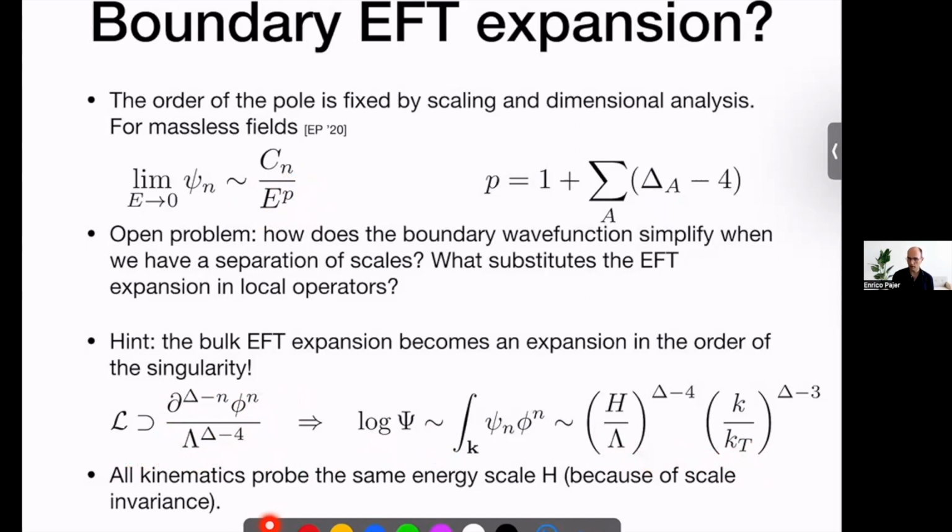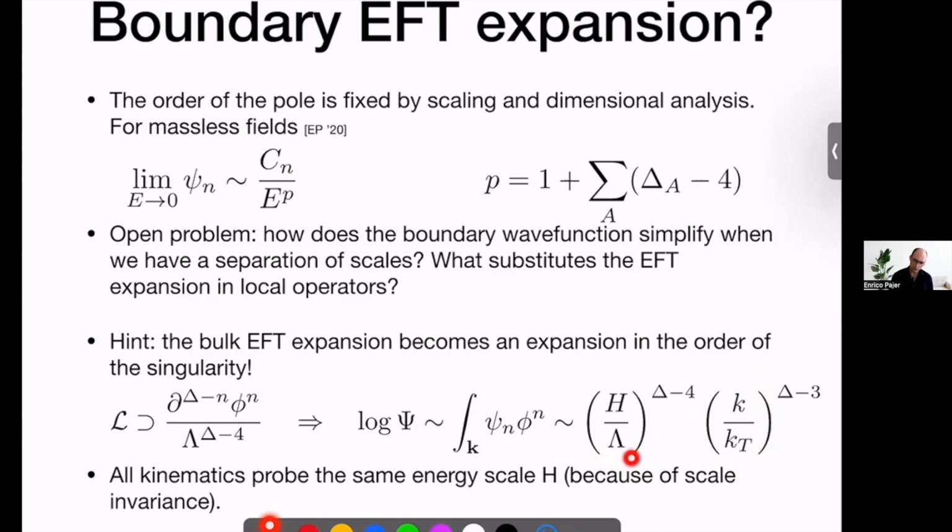It's dimensionless, so we can really look at it. It has a term that depends on the coupling constant, and as you would expect, the power is Delta minus 4 in this simplest case of using the interaction only once. And then it has a kinematic term.